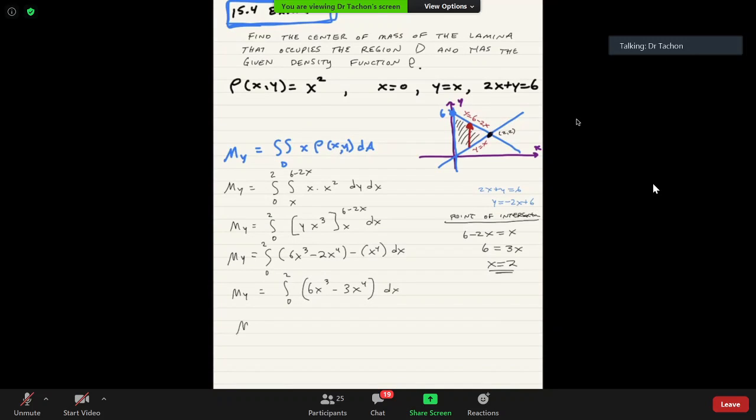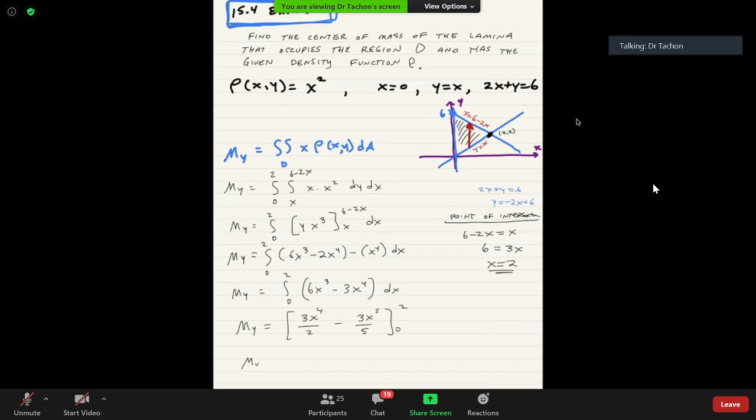Well, this one doesn't look as bad as the other one. Integrate with respect to x: 6x to the 4th over 4, and 6 over 4 is 3 halves, so that's 3x to the 4th over 2. Integrate 3x to the 4th, you get 3x to the 5th over 5, from 0 to 2.